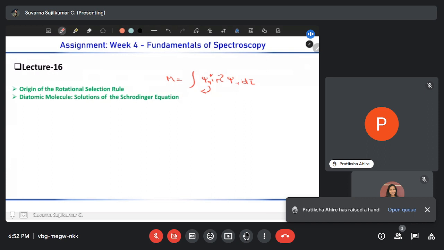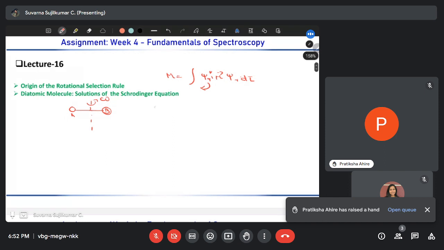Followed by that, we tried to obtain the eigenfunction of a rotating diatomic molecule, considering a diatomic molecule A and B rotating about an axis with an angular velocity omega. This can also be represented as a one-body problem where an object is rotating with angular velocity omega with a reduced mass of mu, right?